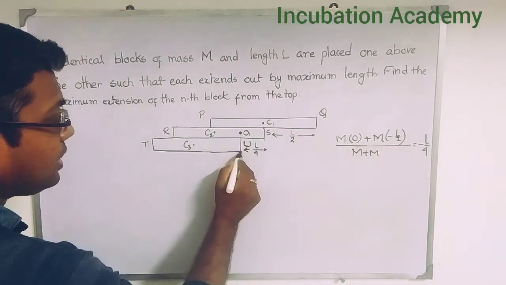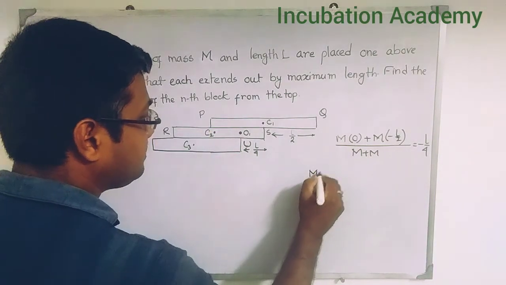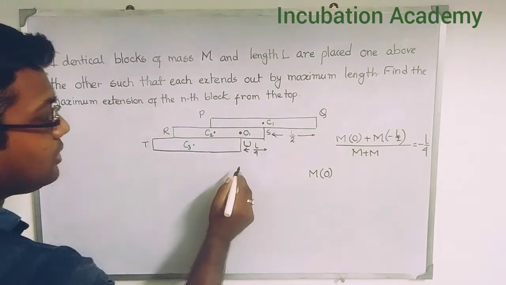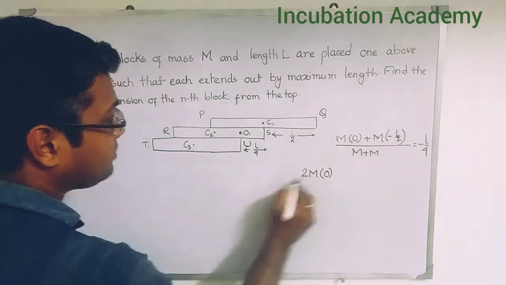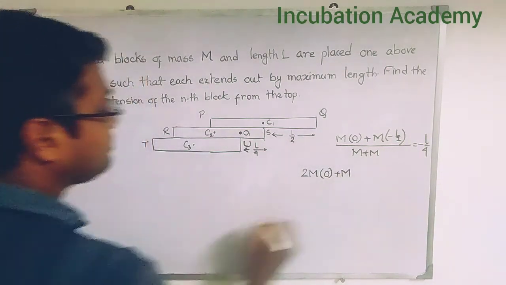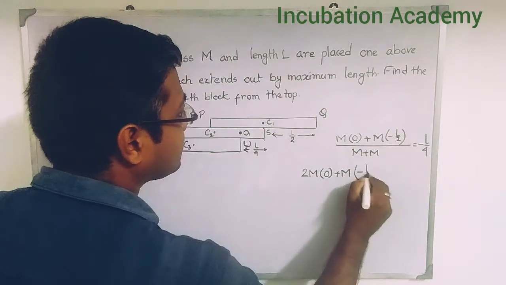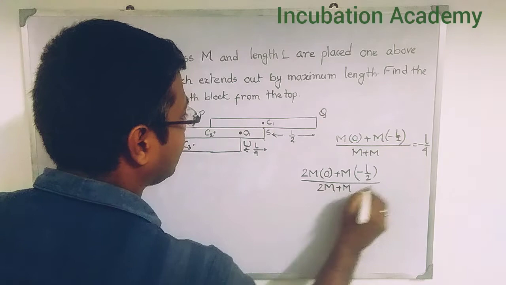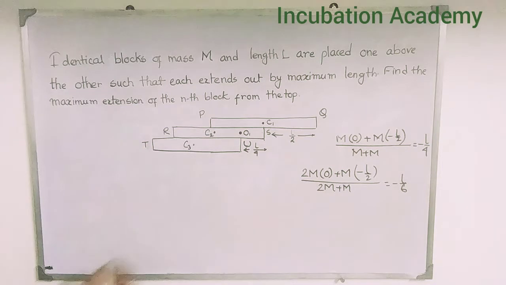Considering this O1 as the origin, the center of mass is: for the combined system of PQ and RS, I place 2M here, 2M into 0, plus capital M, the mass of the block TU, into minus L by 2, divided by 2M plus M, that is 3M. If I calculate this, that will be minus L by 6.